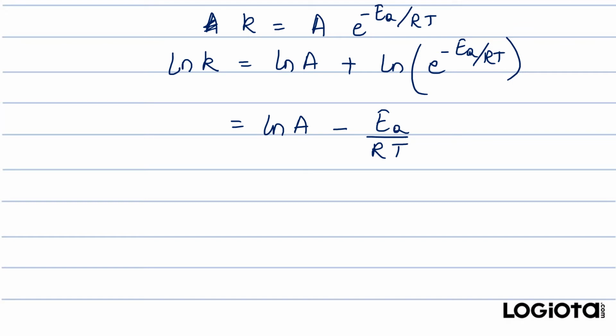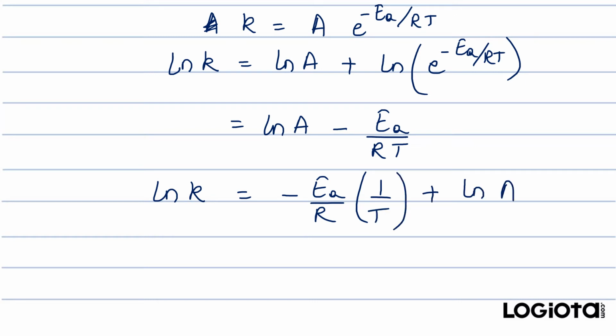Now I'll shuffle these things and I'll get ln of k is equal to minus EA over R multiplied by 1 by T plus ln of A. I have just shuffled the things and brought this 1 by T in the bracket.